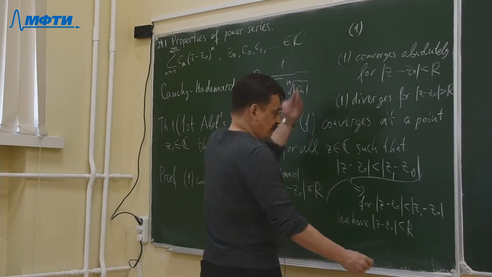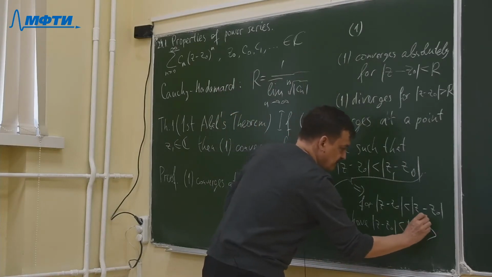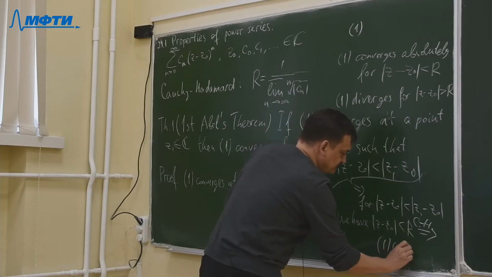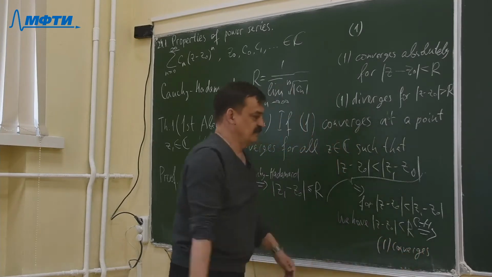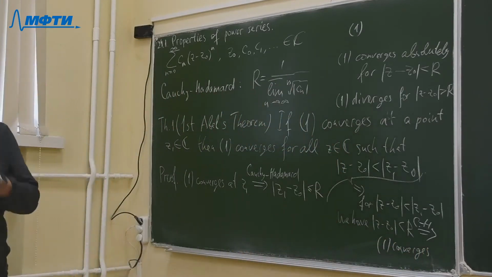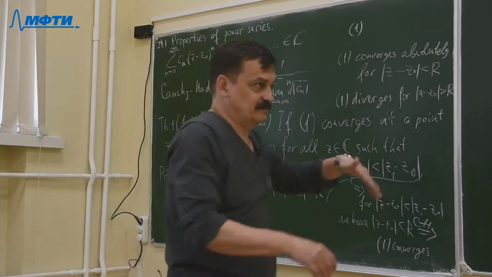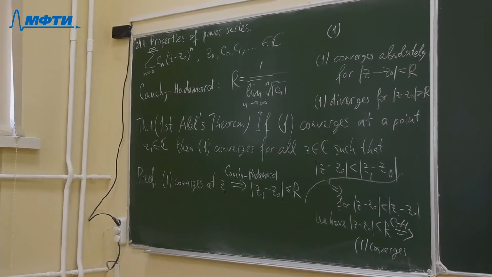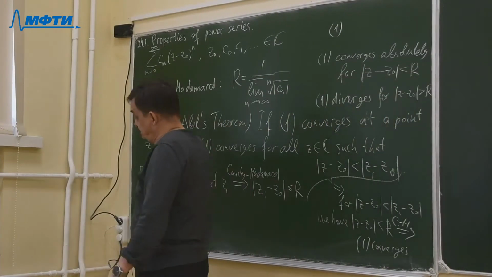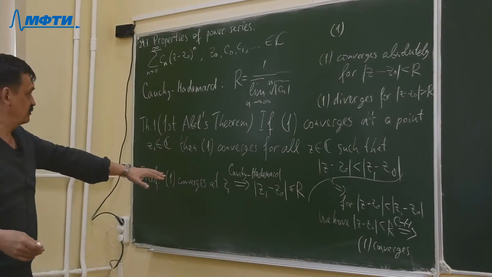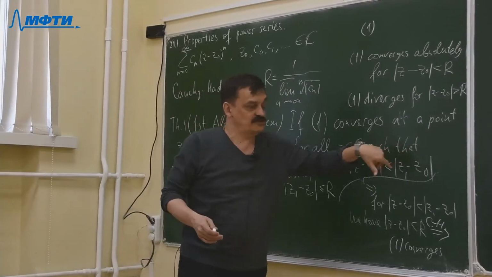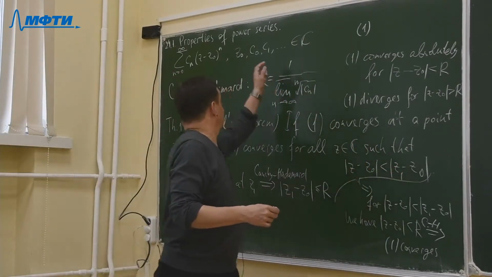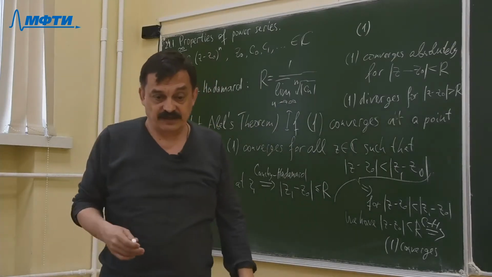And then by Cauchy-Hadamard again, we deduce (1) converges for those values of z. And that's all. So just a little reformulation, in fact, but it is quite useful. So once you know a power series converges at a point, then for sure it converges at points with smaller distance from the center of expansion.